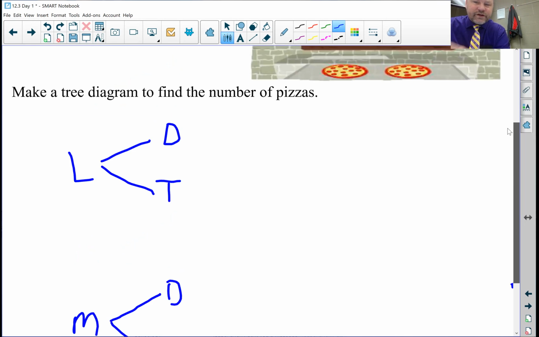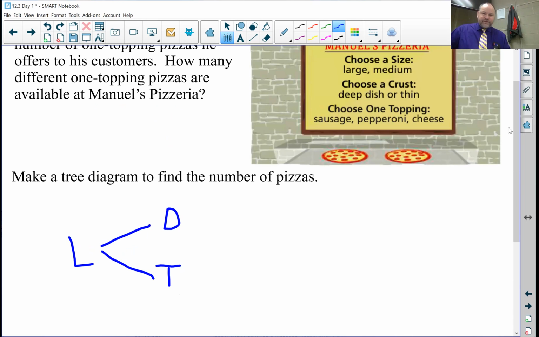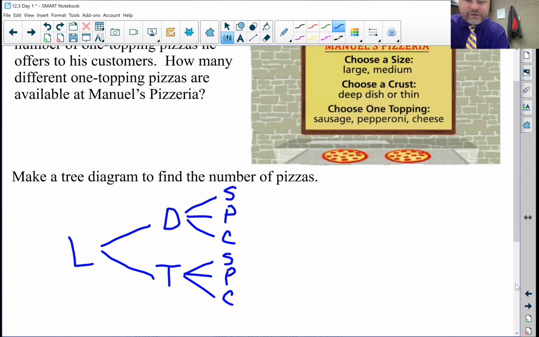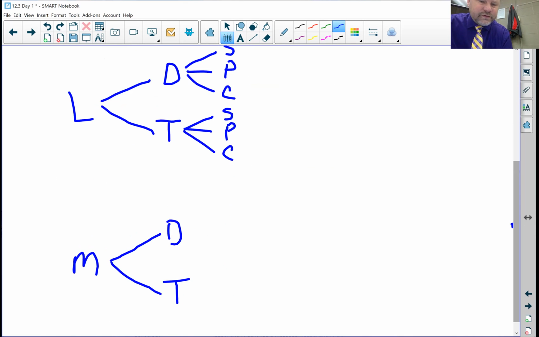After we choose our size and our crust, we have 3 choices for our topping: sausage, pepperoni, cheese, for each of the crust choices.